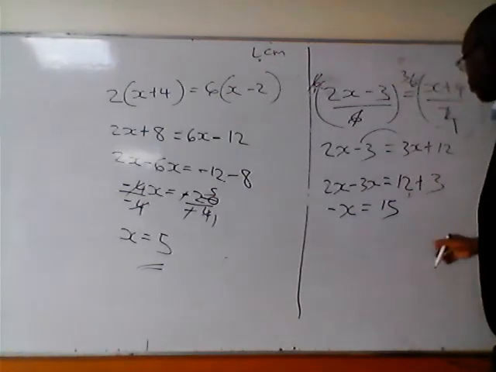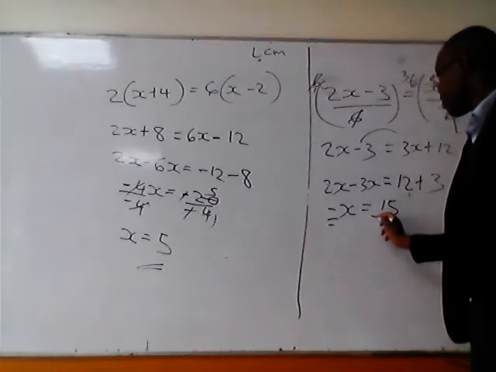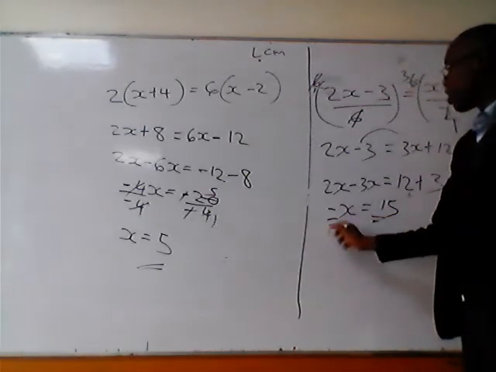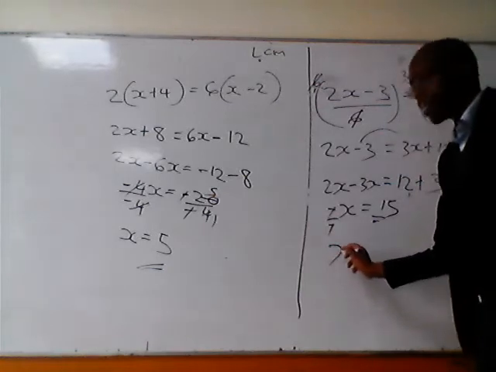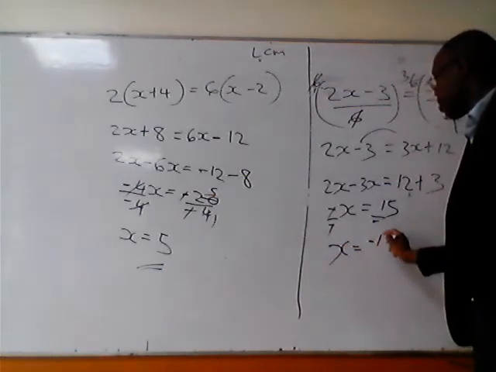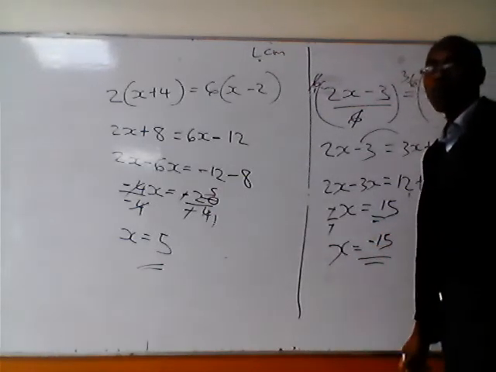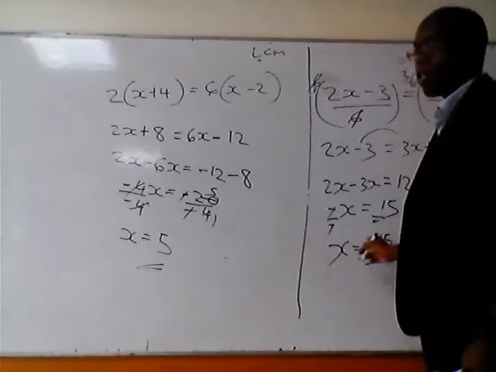So the moment you do this, you divide by a negative, divide by a negative. So negative and negative will cancel, so that your x will be equal to minus 15.